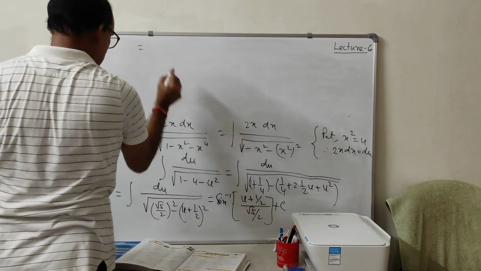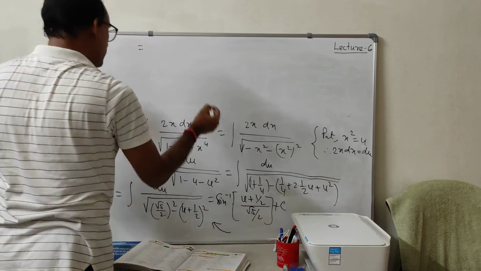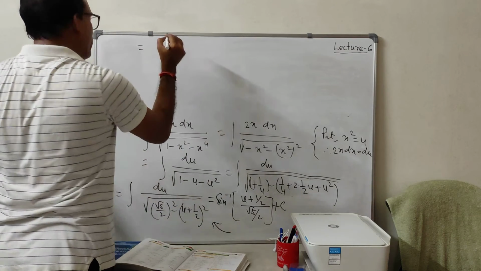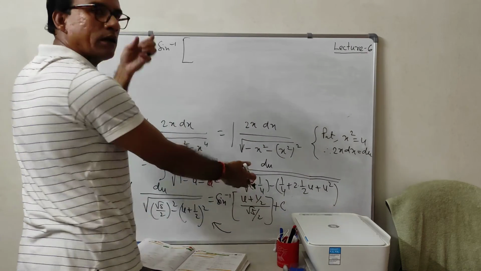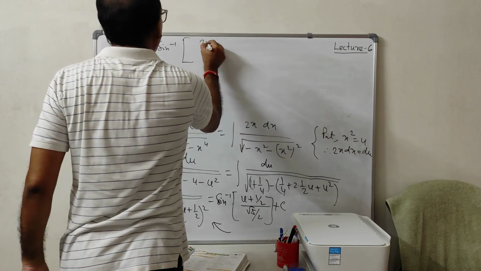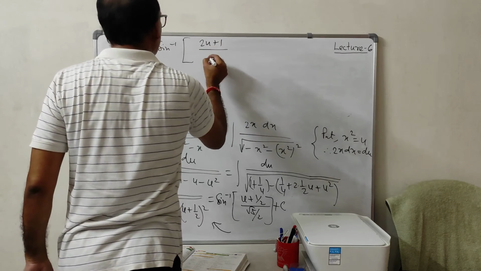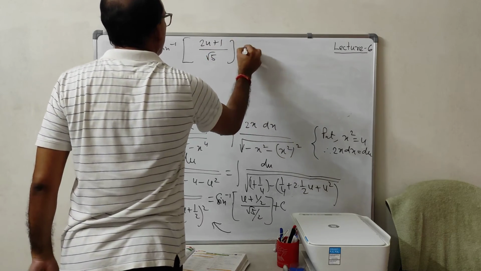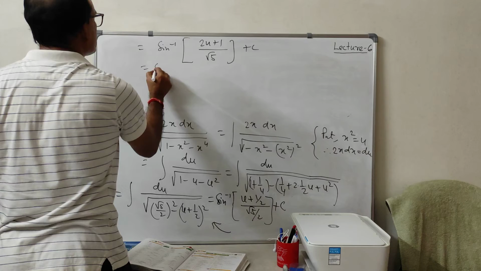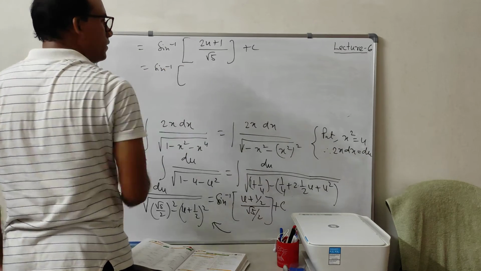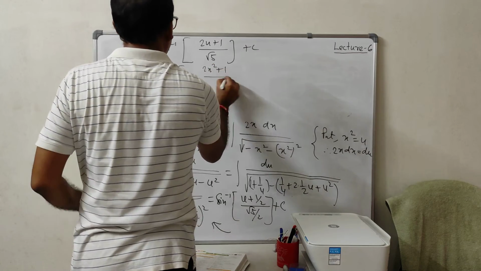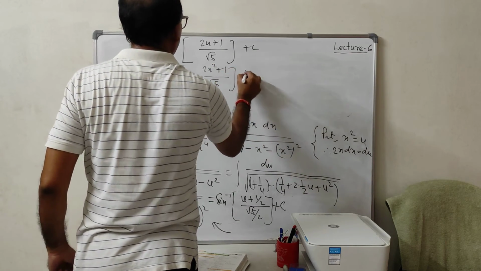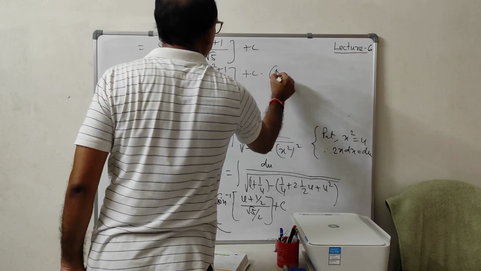So this will be sine inverse of, just multiply numerator and denominator by 2, 2u plus 1 by root 5 plus c, constant of integration. That is sine inverse of, what is u? U is x square, 2x square plus 1 by root 5 plus c. This is the end of the integral.